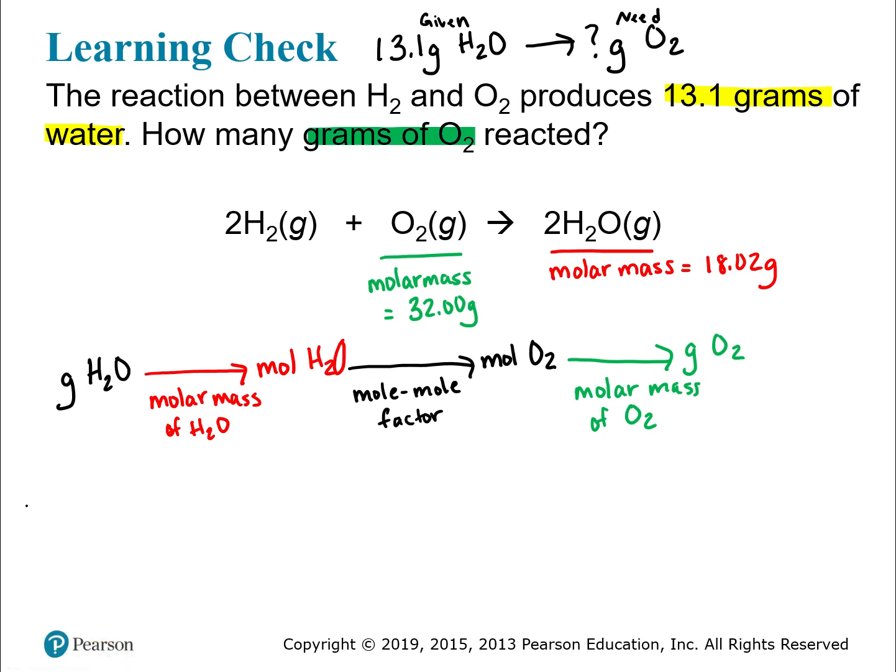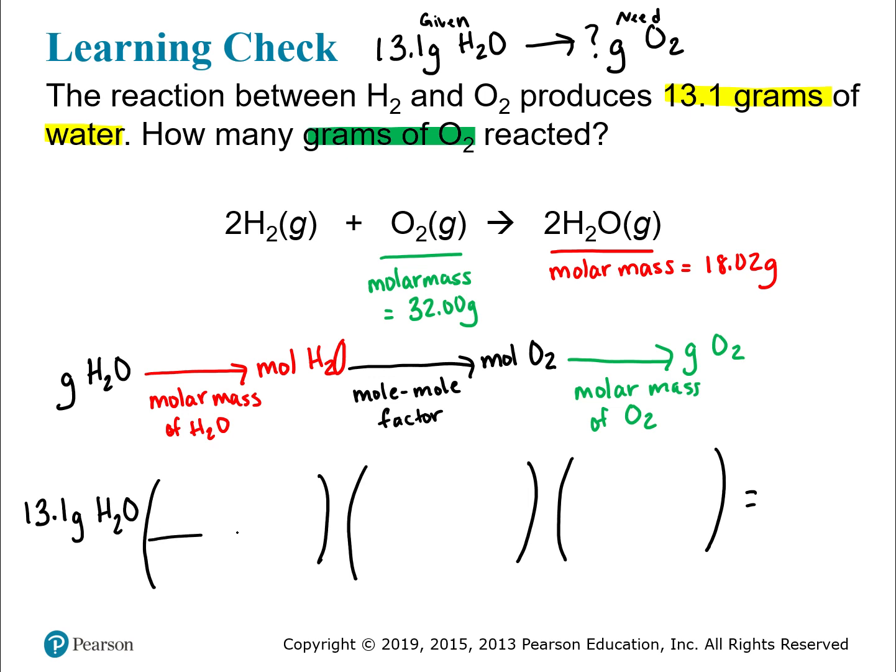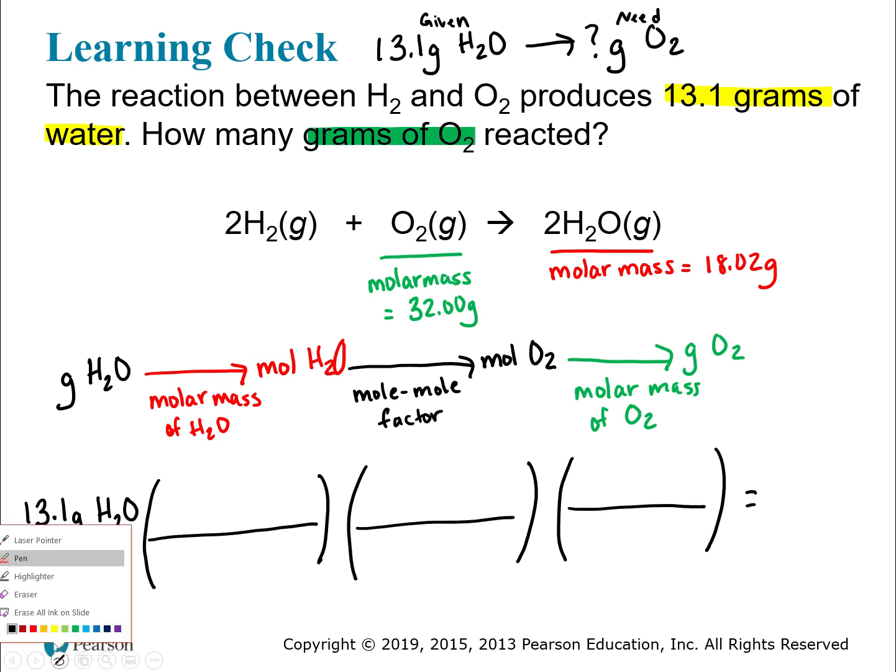Starting with what we're given, which is the 13.1 grams of water, we need to have 3 bridges to get from where we are to where we want to be. First bridge, we're converting grams to moles.